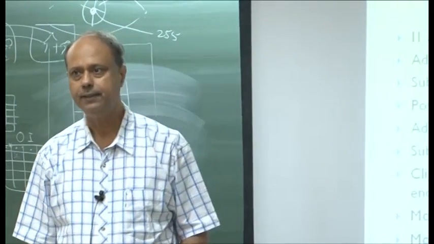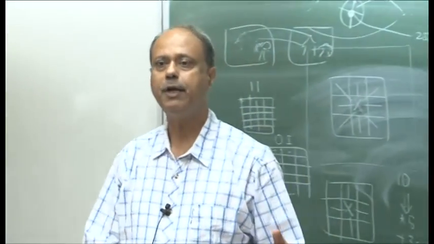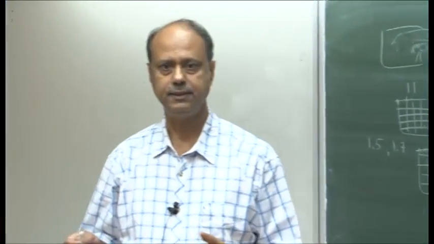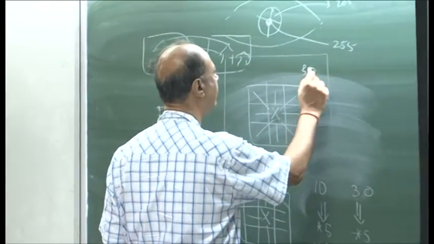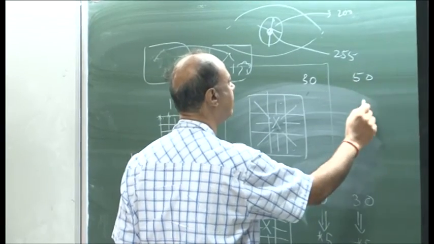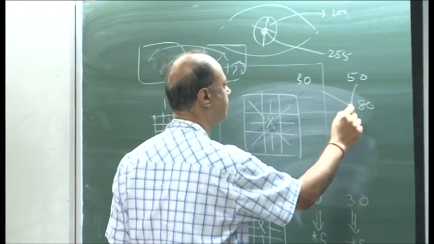Now, once you do it, you are basically adding two positive integers, so the intensity levels will shift from one large value to a very large value. Say you have 30 and you have 50, if I add, then the value will be 80.